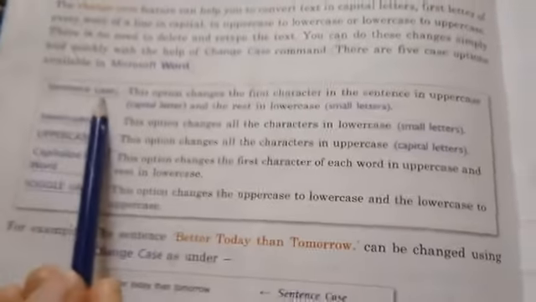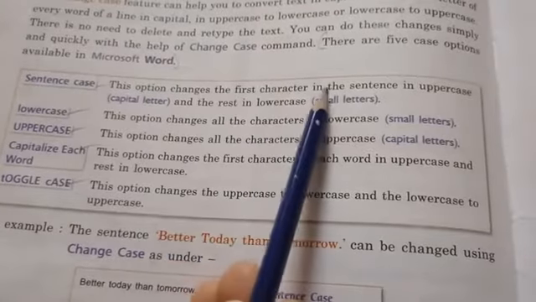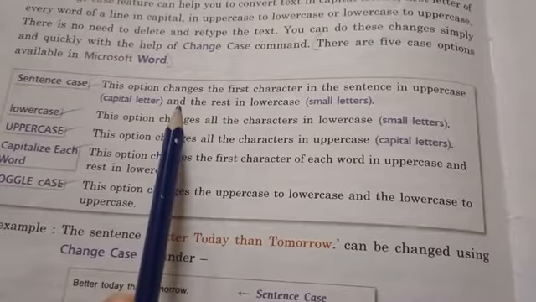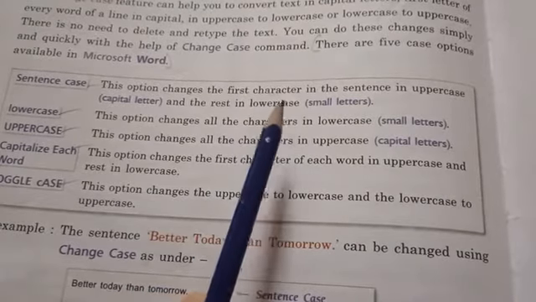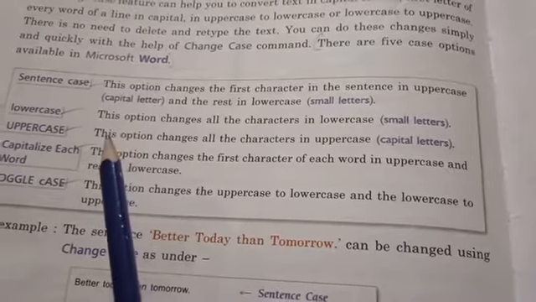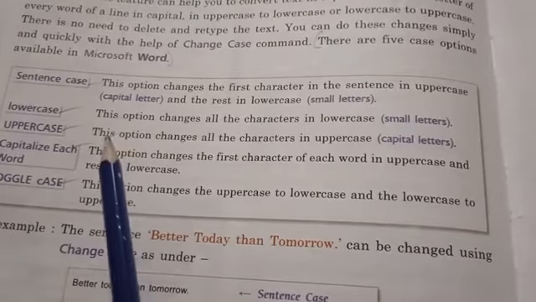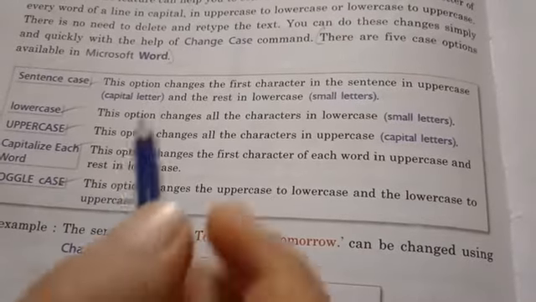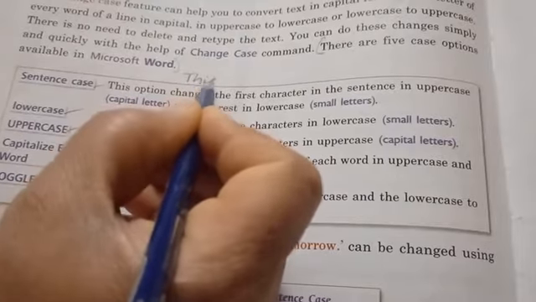In sentence case, this option changes the first character in the sentence to uppercase and the rest in lowercase. Suppose you are writing, this is my book. In this sentence, it will capitalize the T of this.